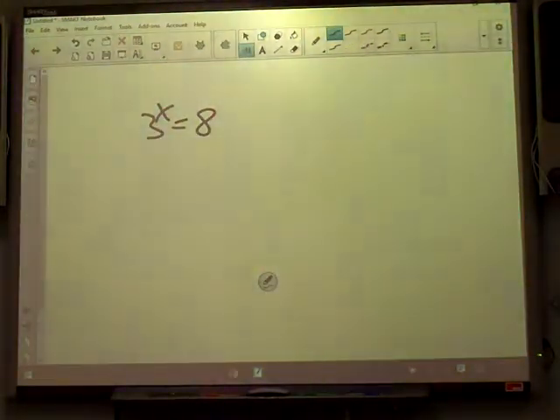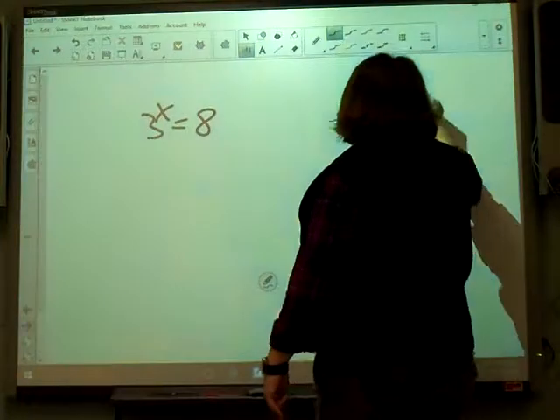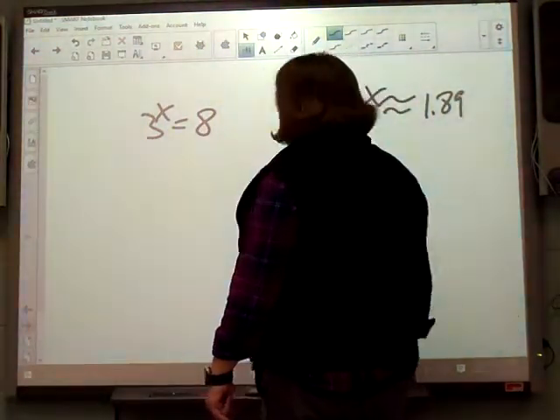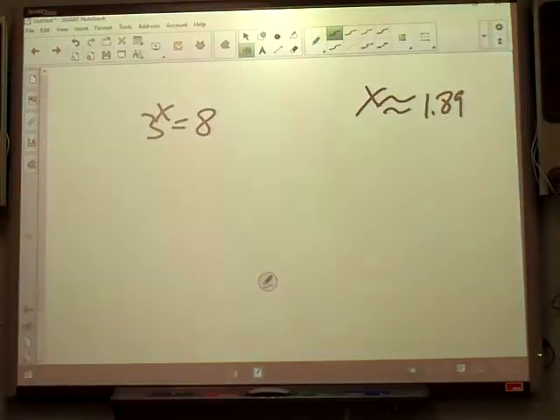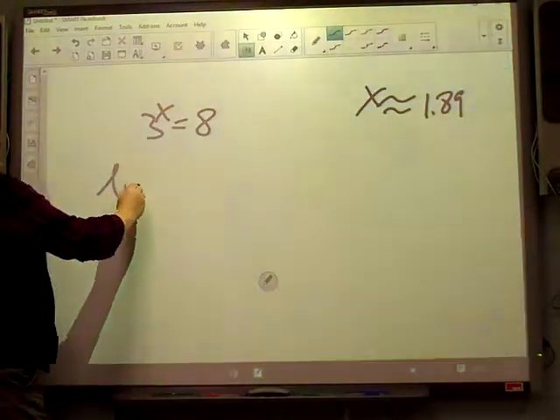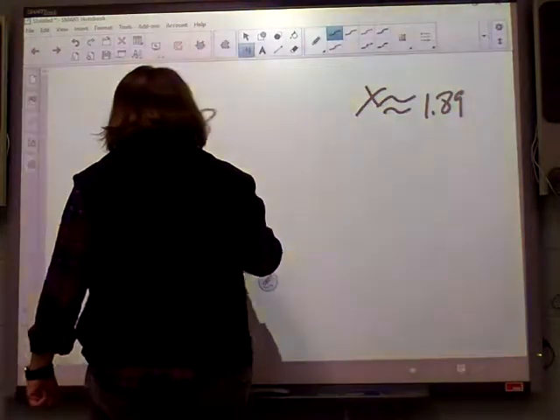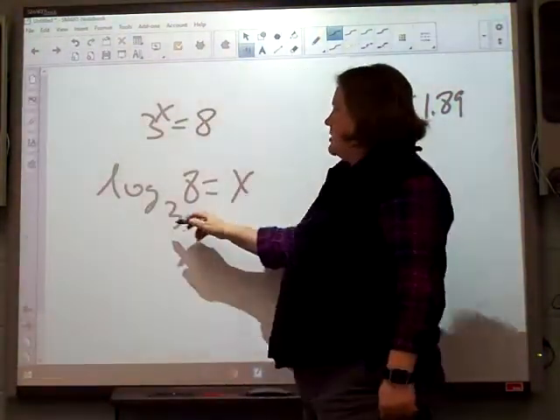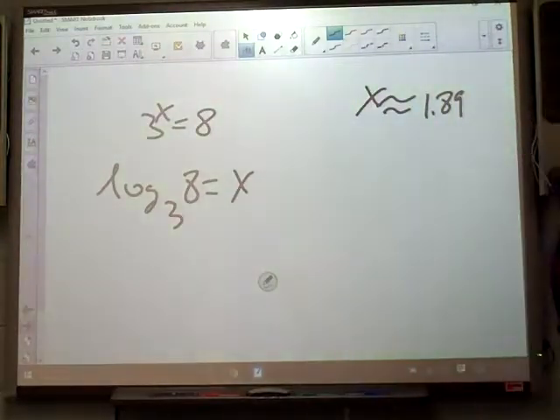So it's got to be pretty close to 2, but a little bit smaller than 2. Let's do 2 decimals again. What do you got, Austin? Okay, hearing some people say they got about 1.89. If I did this, this would be log base 3 of 8 is equal to x. So log base 3 of 8 would be what you entered in your calculator.